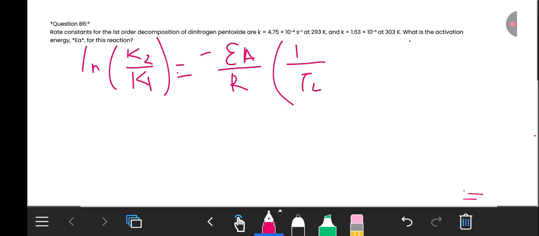You can also say 1 over T1 minus 1 over T2, and you would get a negative value, but it would cancel with this negative.